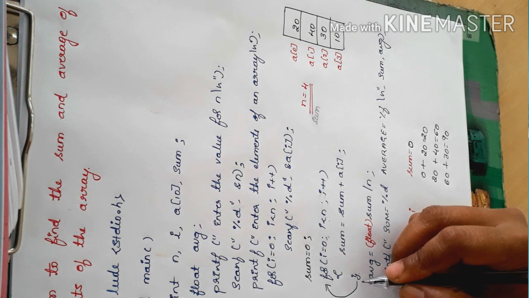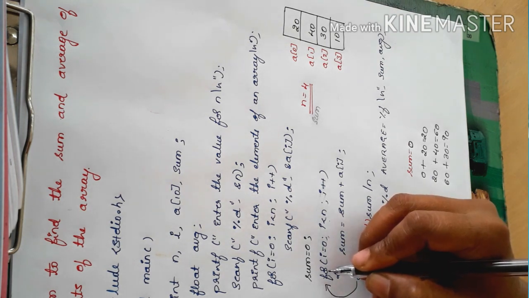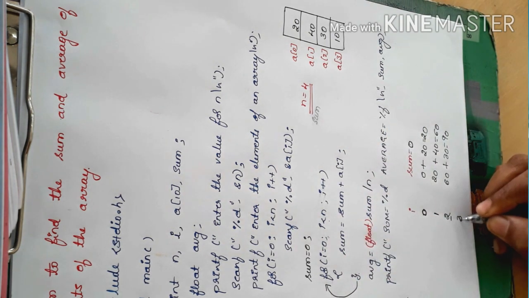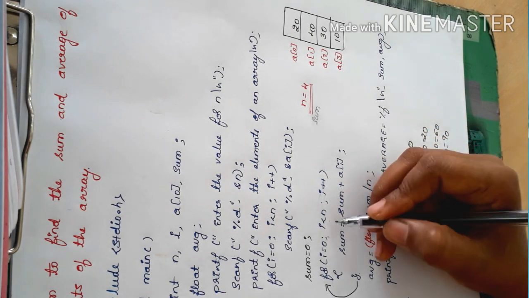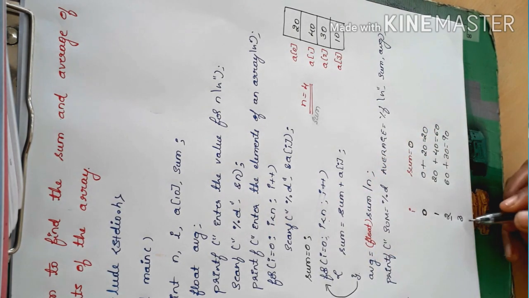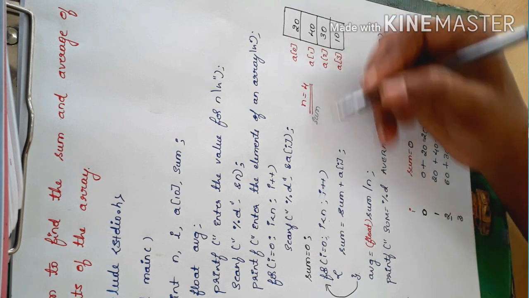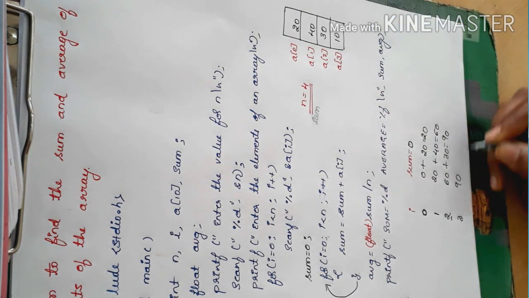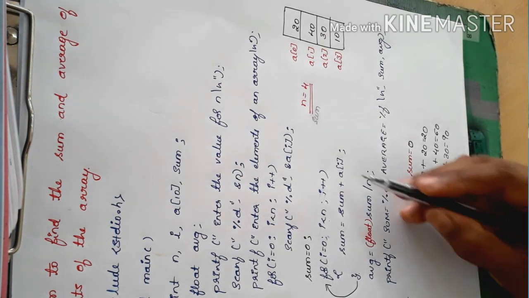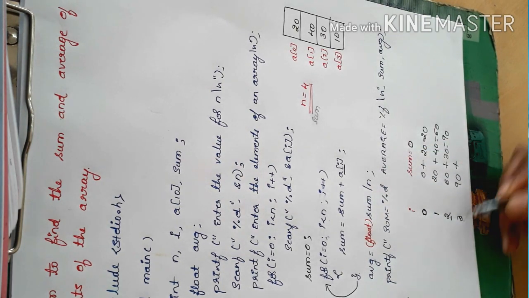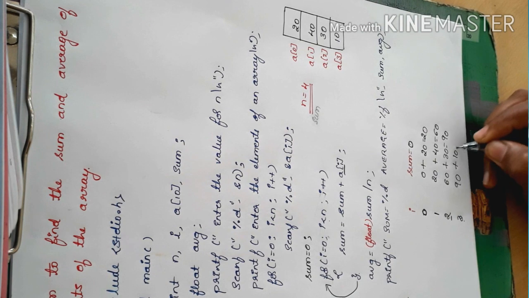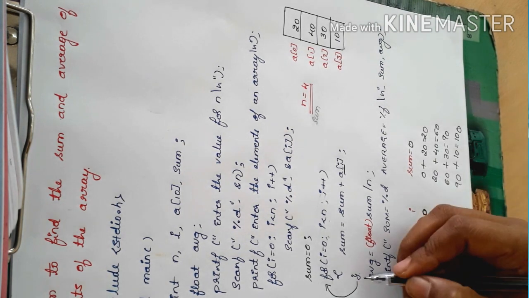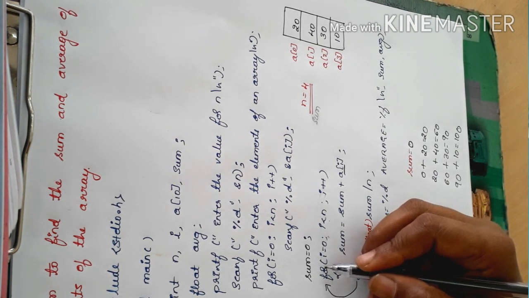Next end for means control returns back to the for loop. Next updation, i is incremented by 1, i becomes 3. Then condition i less than n, 3 less than 4, the condition is true. Control enters the for loop. Sum is equal to the previous value of sum, 90, plus A of i, means A of 3, whose value is 10, that is 100. Next end for means control returns back to the for loop.